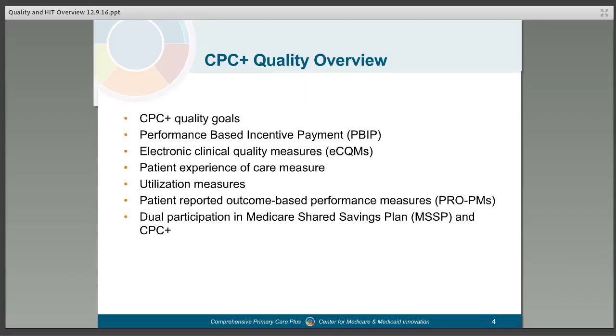Then we'll walk through the various ways that we're measuring quality: electronic clinical quality measures, the patient experience of care measure, utilization measures, and the patient-reported outcome performance measure. And for that measure, it's not tied to payment, as we'll mention later, but we will be working to develop that measure during the model. And then finally, I'll end by talking about dual participation in the Medicare Shared Savings Program for those of you who are in ACOs and also in CPC Plus.